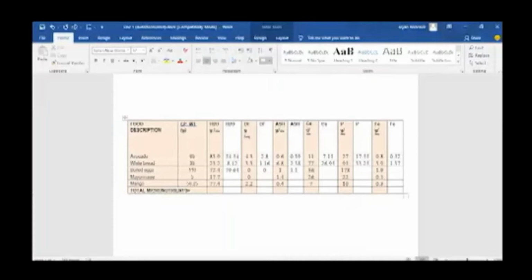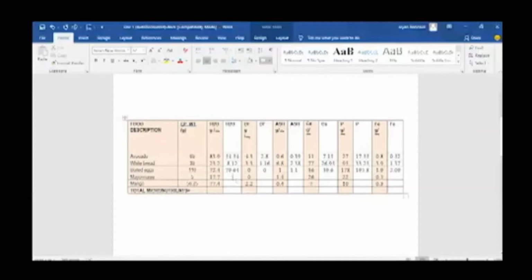Then we have 36 times 110 over 100 is equal to 39.6. Then 178 times 110 divided by 100 is equal to 195.8. Then for iron, we have 1.9 times 110 over 100 is equal to 2.09.